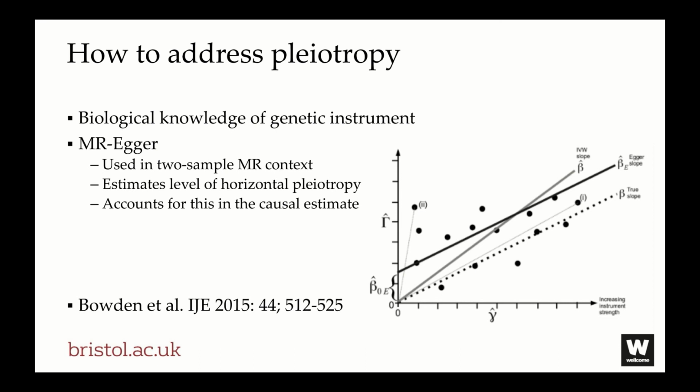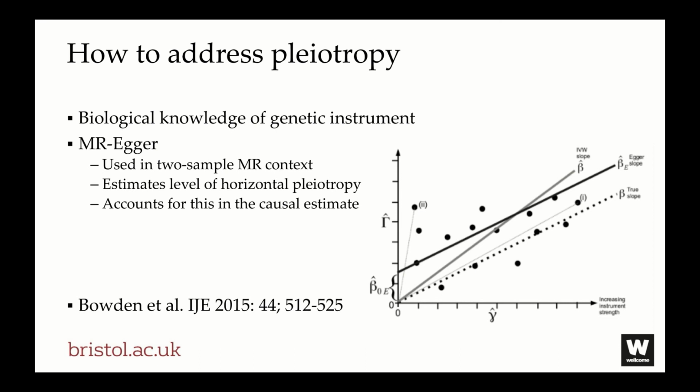So in a two-sample setting, one of the most strict causal estimators is something called the inverse variance weighted approach, which is essentially just doing the Wald ratio of each of these individual SNPs and meta-analyzing them, weighting those effects by the inverse of their variance. That's what this inverse variance weighted is doing.